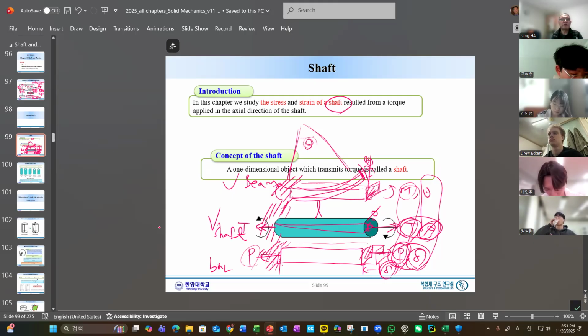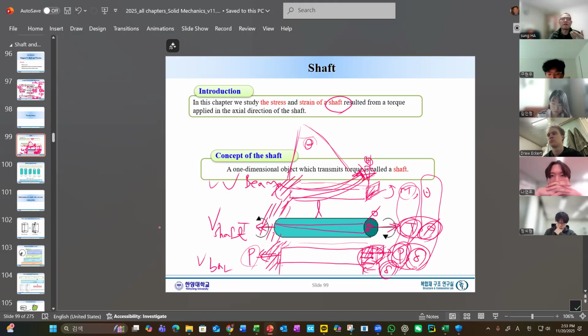The only difference between the bar and the beam is that both carry tension, but in the bar the tension is uniform across the whole cross section. Here it is different. It varies through the thickness. That's the big difference: compression at the top and tension at the bottom, varying linearly through the thickness.